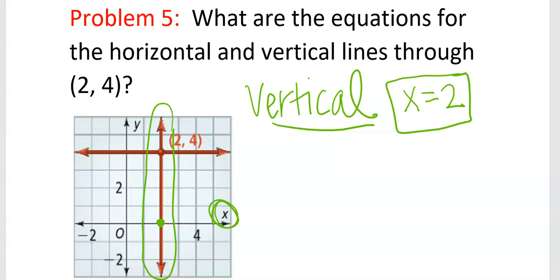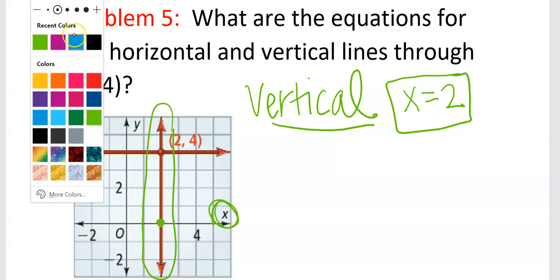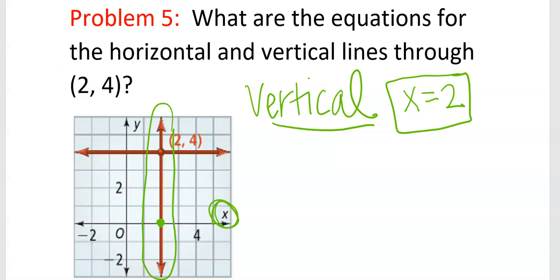Okay, now that's the easiest way that you can do it. If you're going to take the hard way, here's what you would have to do. You would say, okay, I have a point 2, 4. I also have a point 2, 0. I would need to find the slope through those, which we can do. We can either count or we can use the formula. If we actually count, we have 1, 2, 3, 4.